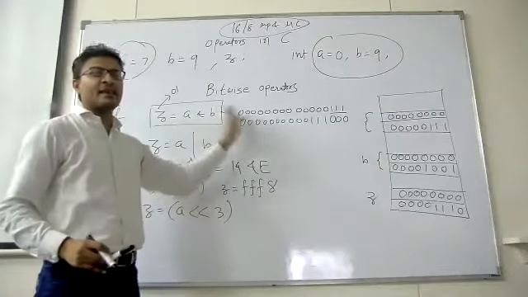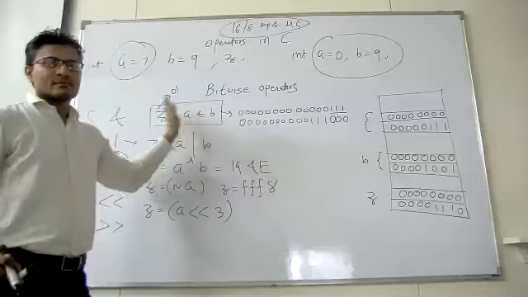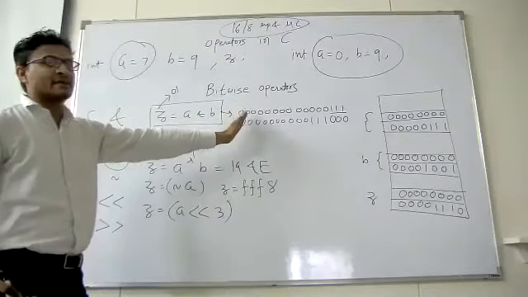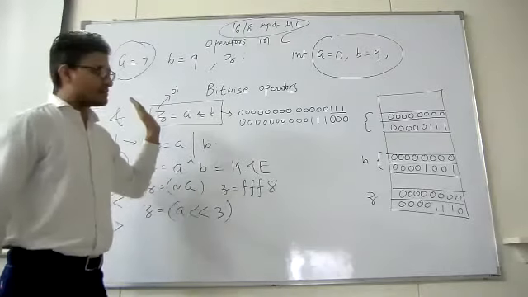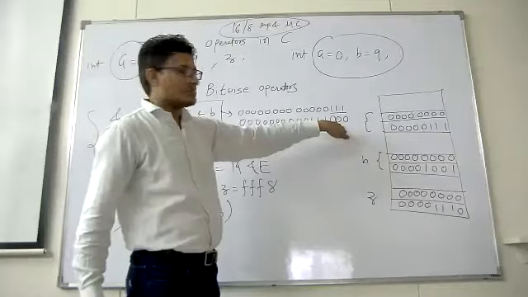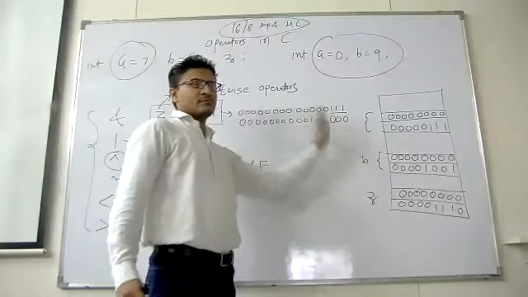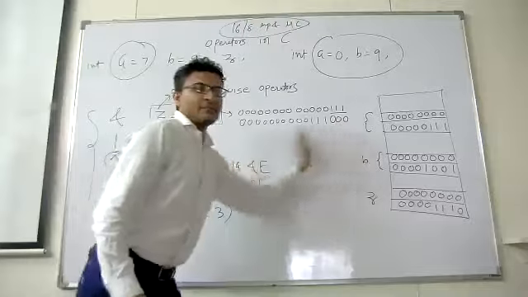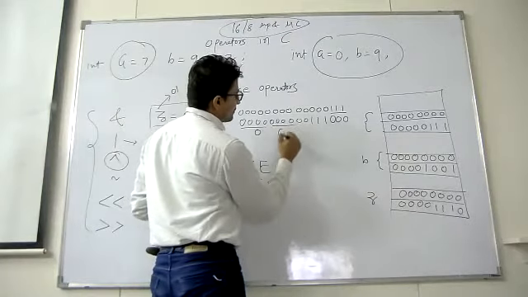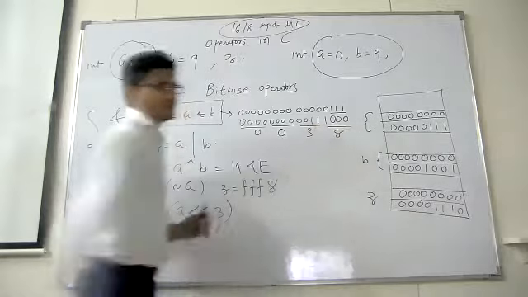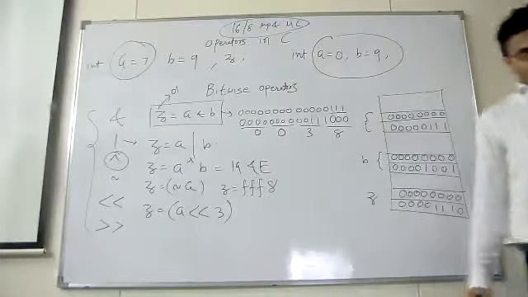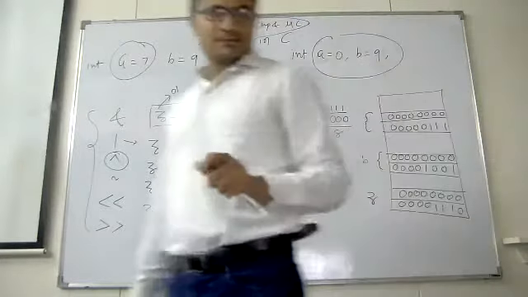It will truncate the upper 3 bits, the MSB 3 bits, just remove them, and append the last 3 bits with 0. So your answer would be 0038. Any question?